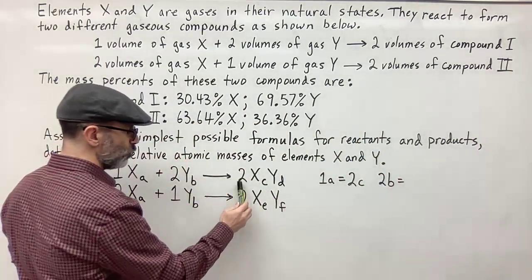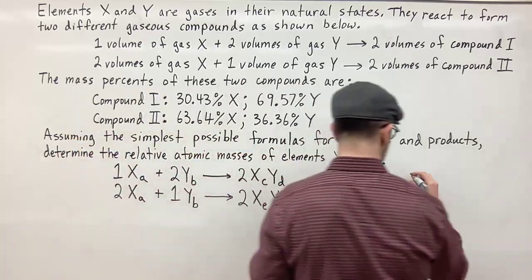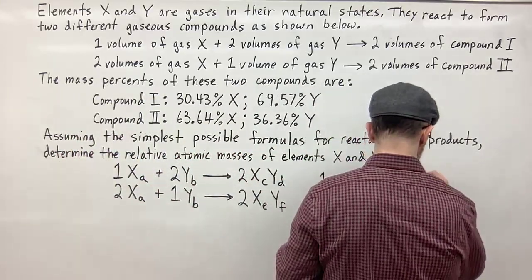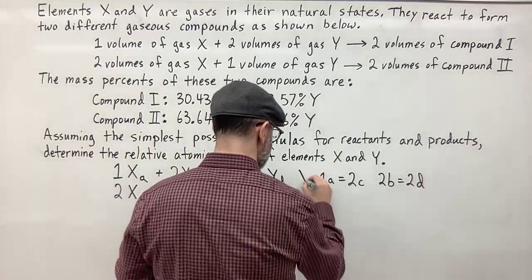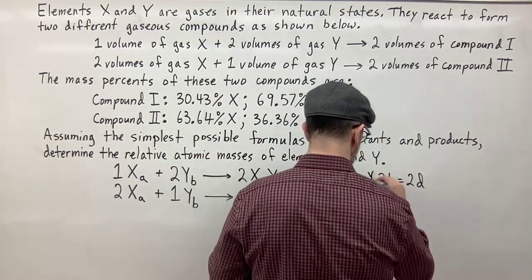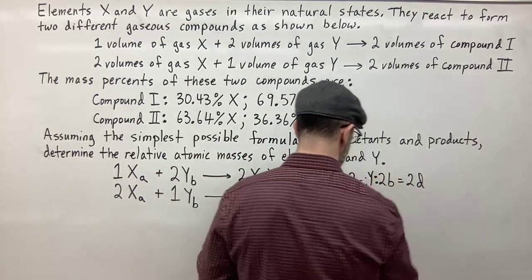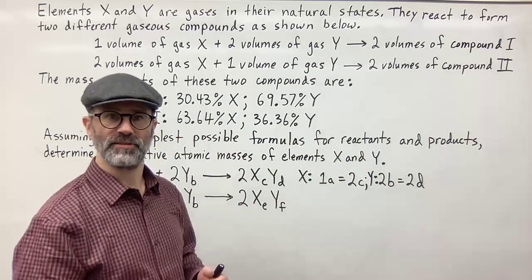So here I have 2 times d for the y. So that's going to be 2d. So this is for the X's, and this is for the Y's. Okay, so with me so far?